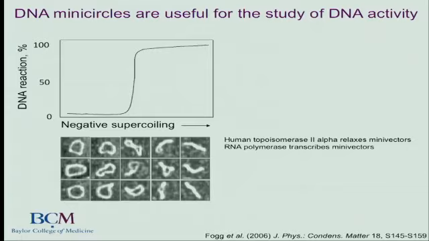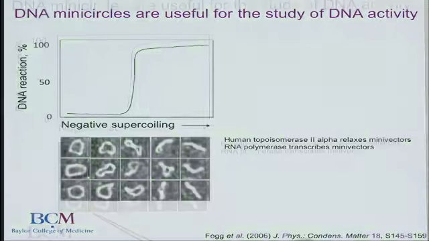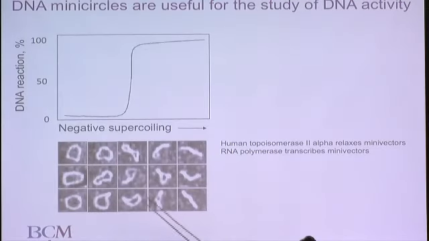Here are some atomic force micrographs of a 330 base pair DNA. Here it is when it's relaxed. Here it is with a little bit of linking number change in the negative direction, and so on, until it's basically a tiny little crazy rod.